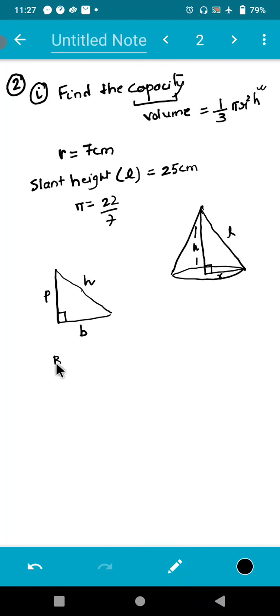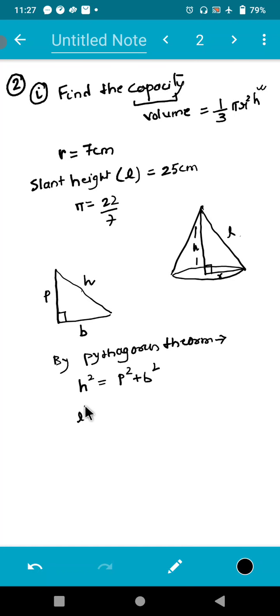So by Pythagoras theorem, what does the theorem say? H square equals P square plus B square. In the same way, if you compare this with this triangle, in place of H we have L, so we will write L square.